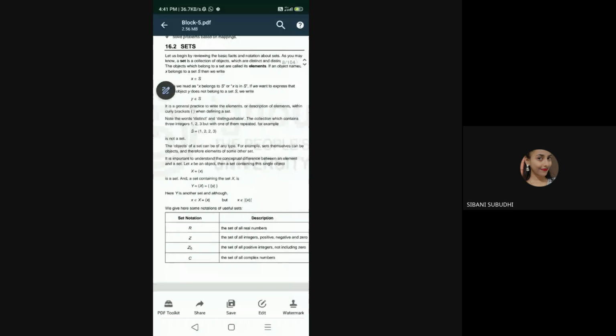The objects of a set can be of any type. For example, sets themselves can be objects and therefore elements of some other set. So it is very important to understand the conceptual difference between an element and a set. Let X be an object, then the set containing this single object, capital X equal to {x} in curly brackets, is a set.